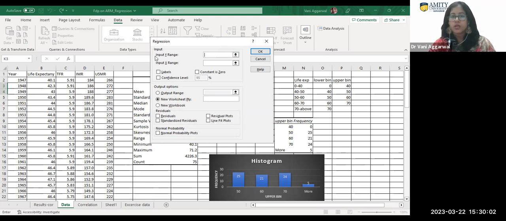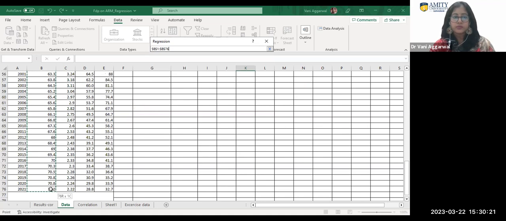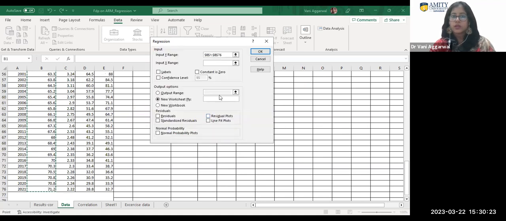Now what do you want? That's why I said the first step is to identify your variables. Which variable you want to keep as Y, and which variables you want to keep for X. So for example, for Y, I am taking life expectancy. Now for the X range, it is up to you.